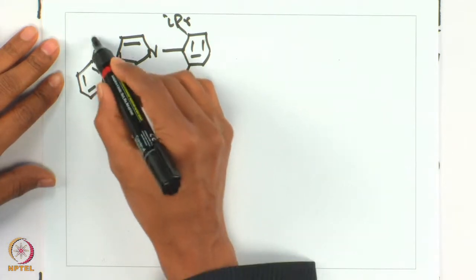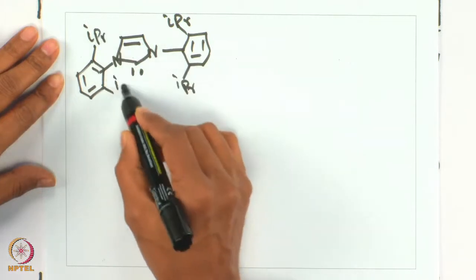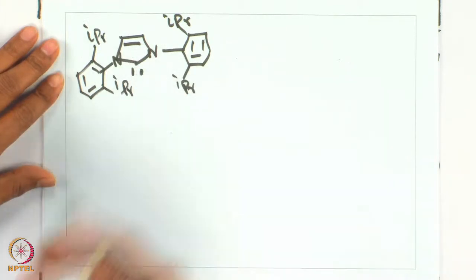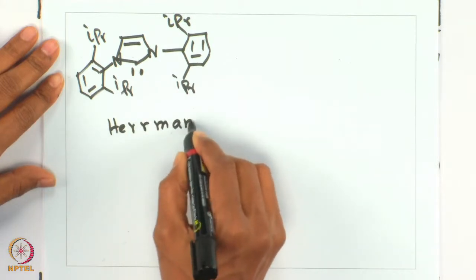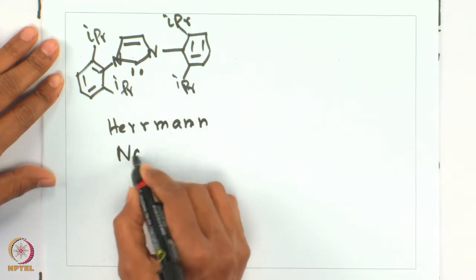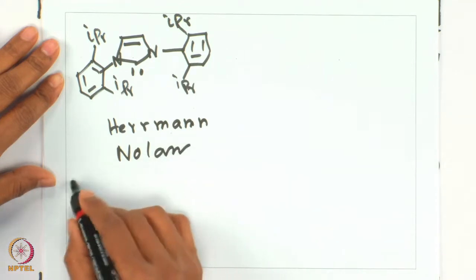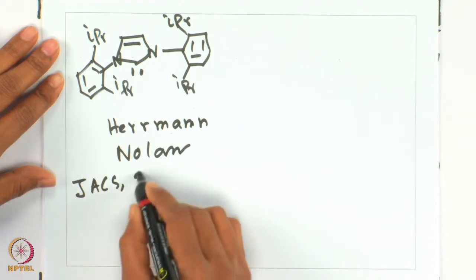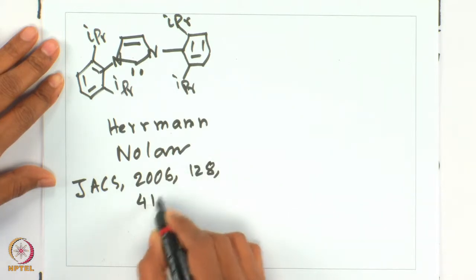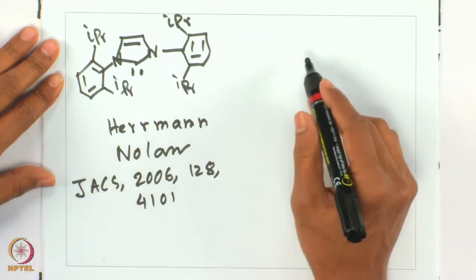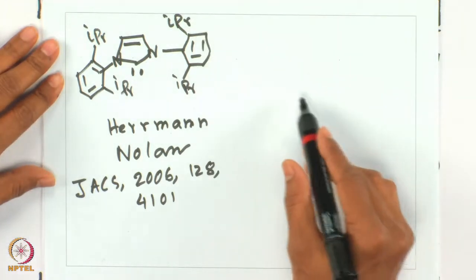So, we have isopropyl on both sides, and these are the carbene based ligands by Herrmann and Nolan. You can have a reference, JACS 2006, 128, 4101.